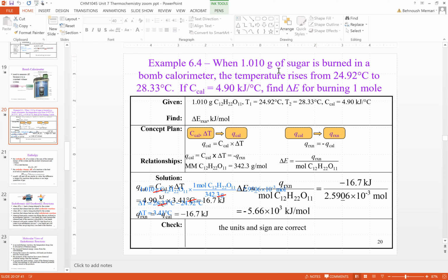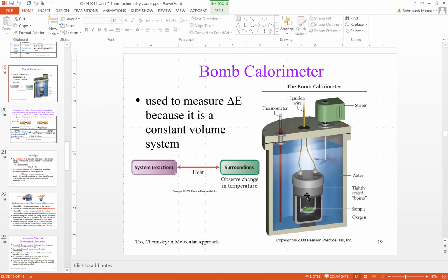We have now a different problem, like a bomb calorimeter, which is basically an insulated equipment. If the energy is released inside this calorimeter, that energy is going to be spent to show the change in temperature. So the temperature is going to go up.